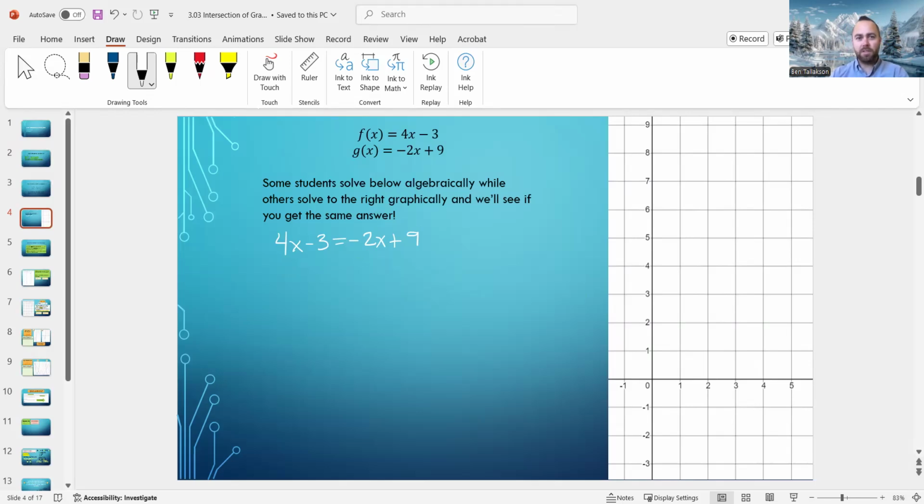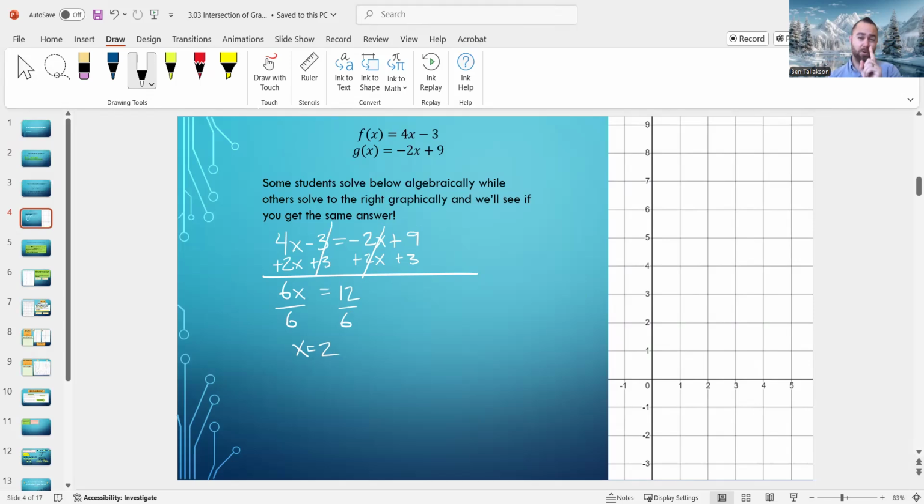But because we only have x to the power of 1 and then constants, it will be even easier to get my x's on one side and my constants on the other. So we're going to use some inverse operations to get our x terms together. So these cancel out, equals 12. Already a very simple equation. We could just divide and we get x is 2. So already in 2 steps, we have our x value of the solution.